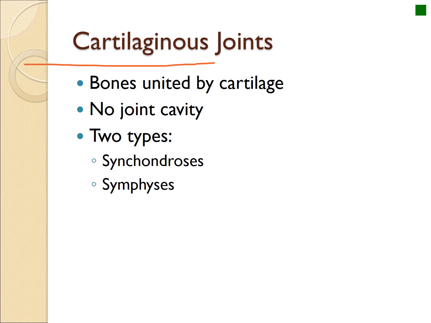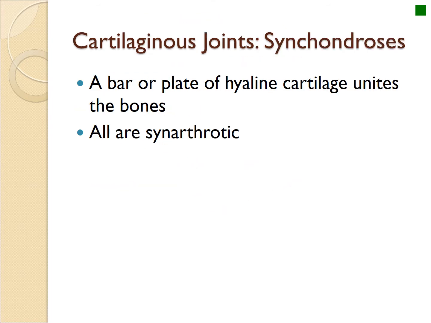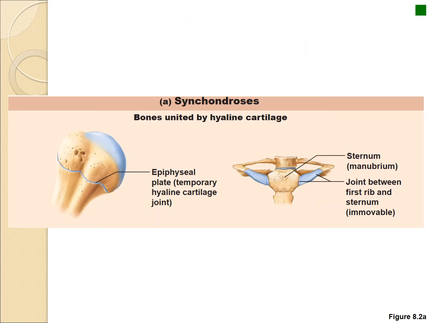Now we get into the cartilaginous joints, okay, and these again are united by a cartilage, and some examples are synchondroses and symphyses. We're not going to look at this too much, except I do want you to know a couple of major symphyses. So when we look at the synchondroses, and don't lose sleep over them, it's like a hyaline cartilage type cartilage, okay, and you can see here it's in the epiphyseal plate.